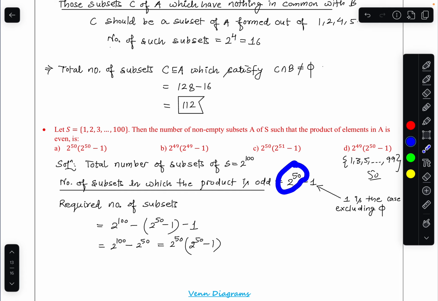There are 2 power 50 subsets of this set, in which one of the subsets is phi. I excluded that phi because I wanted the product to be odd, but phi has nothing in it, so I can't assert anything about the product being odd there. Now the required number of subsets would be total minus this number of subsets. But then again, as soon as I had excluded the phi here, it came here. So I excluded the phi here as well. And that gave me the result 2 power 50 into 2 power 50 minus 1, which is option A for us.